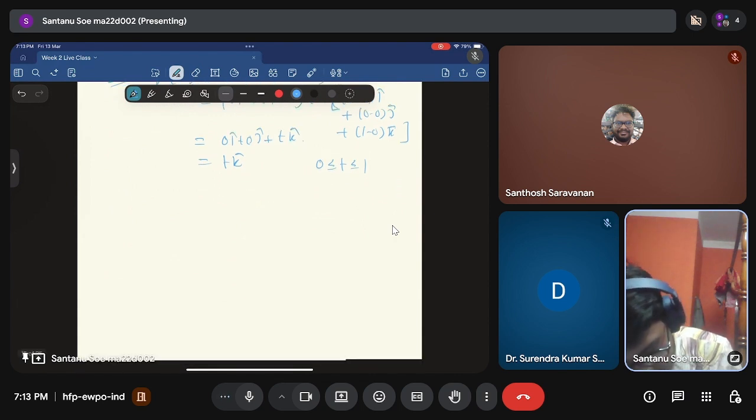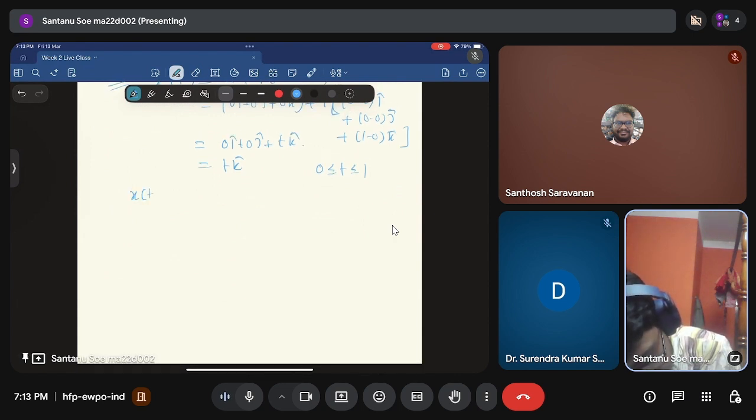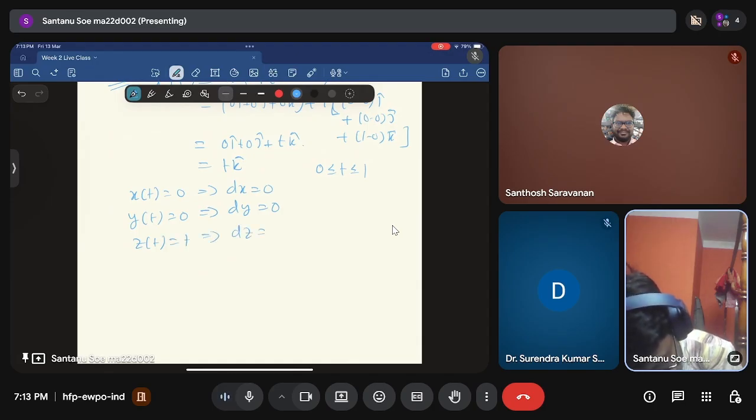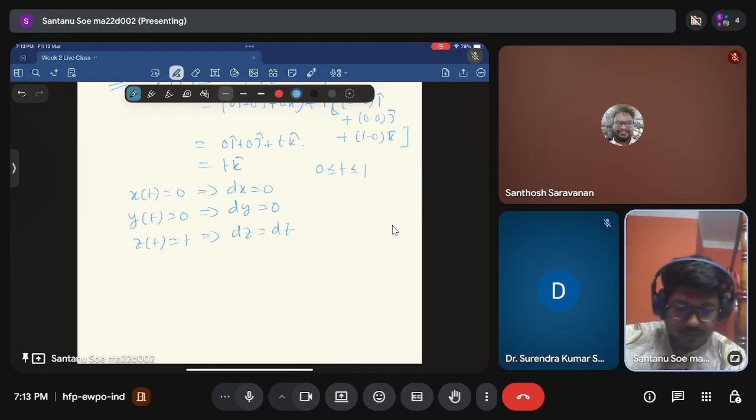Now from here we can see that x of t is 0, so this implies dx is 0. y of t is also 0, so this implies dy is 0. And z of t is t, so this implies dz equals dt.